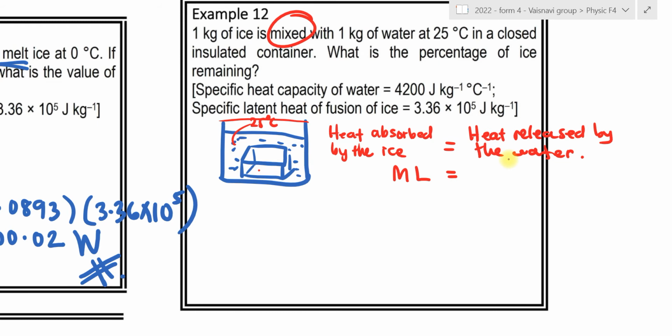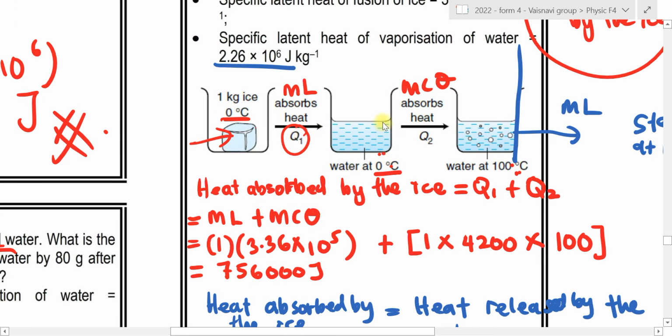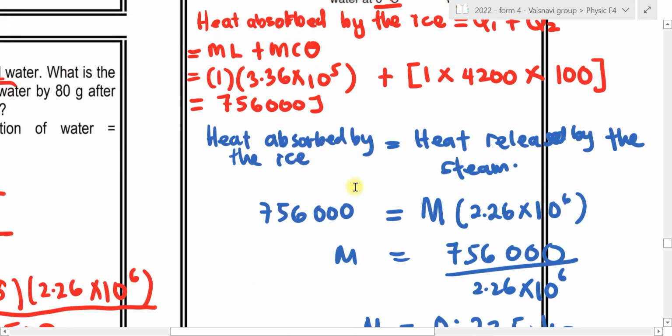Heat released by the water, from 25 degrees Celsius to 0 degrees Celsius because it achieves thermal equilibrium with the ice. So mc theta here because the water is not going to change phase. Like just now.